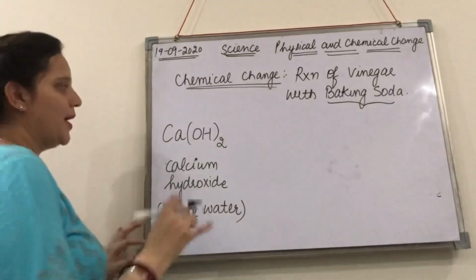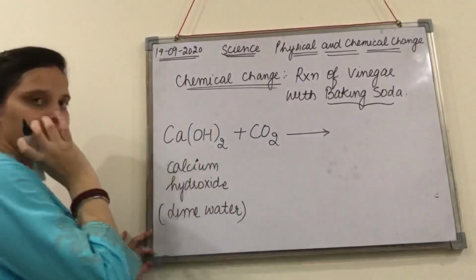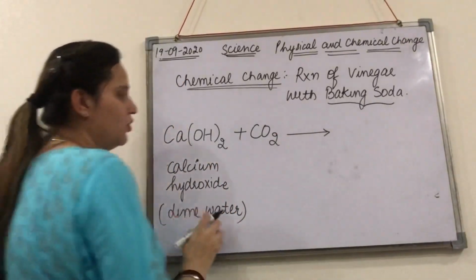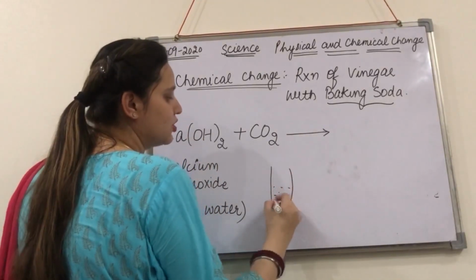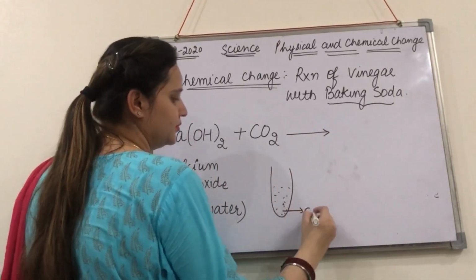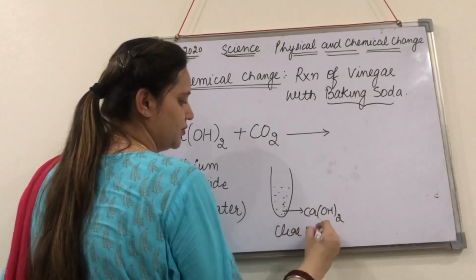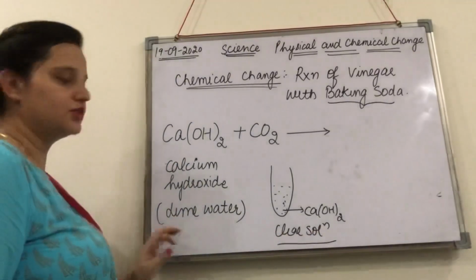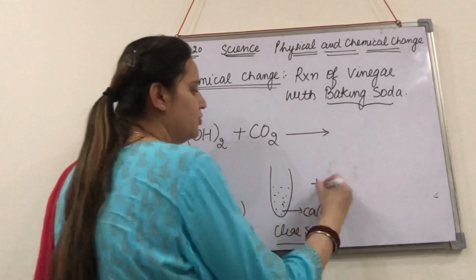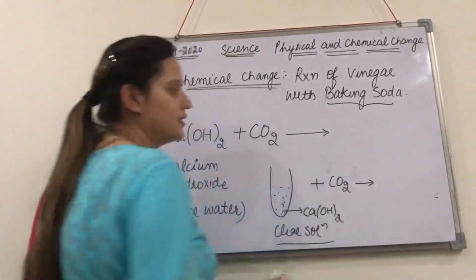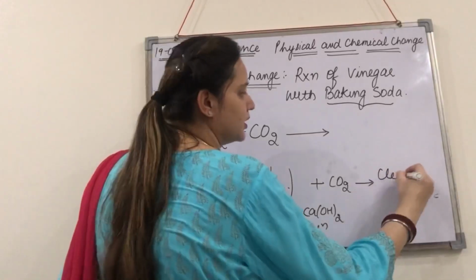Pass this carbon dioxide gas through this lime water, right? What you will see is that initially the solution of calcium hydroxide will be clear. When you pass the carbon dioxide gas into it, this clear solution will turn milky.